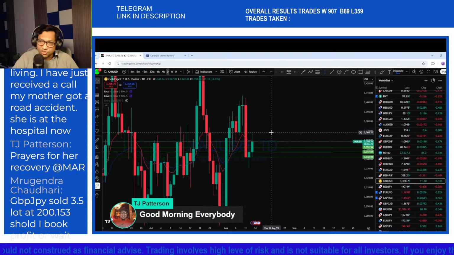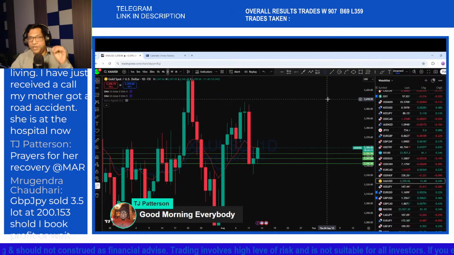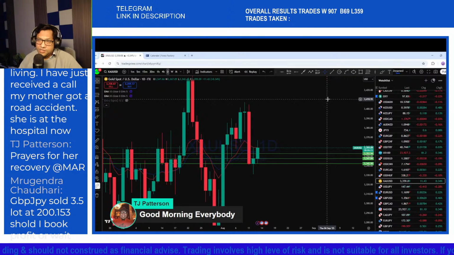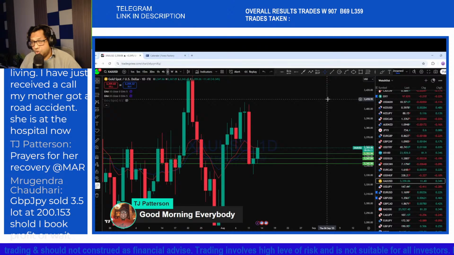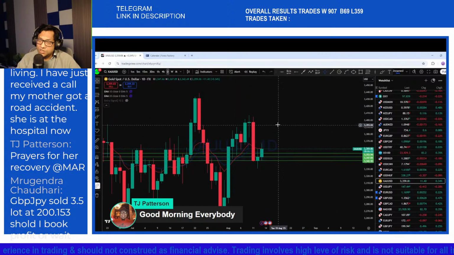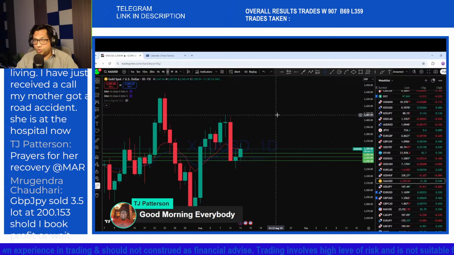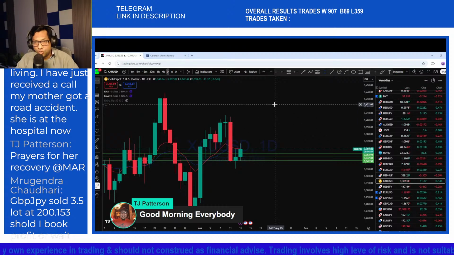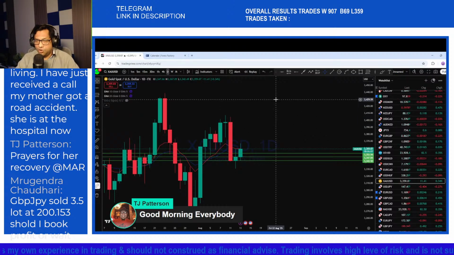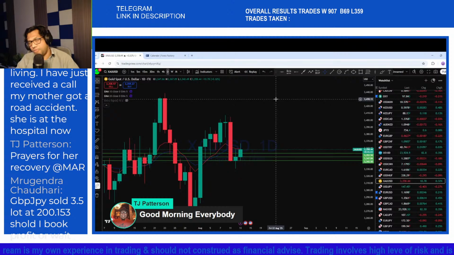Because as a retail trader, what we need here is to trade based on smart money. Smart money has all the tools and details to analyze the market from information that is too complex for the retail trader to analyze. In fact, you don't have to, because we are a short-term retail trader.